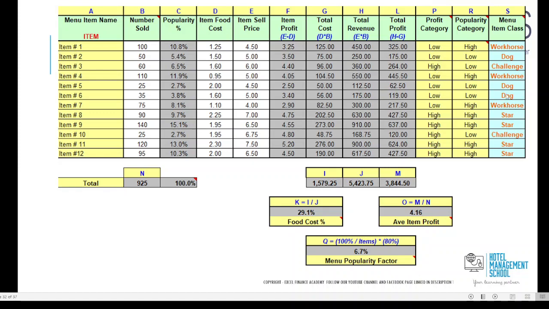So then you can categorize them as a star, a challenger, a workhorse, a cow, or a dog. The names are not really important, right? You have to understand what are the popular and profitable items, what are the popular items but not profitable, what are the profitable items but not popular, and what is the fourth category, no profit, no popularity. So normally you have to change them.